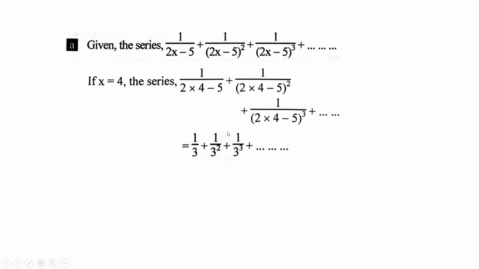And after calculating this term, we get the terms will be 1 by 3 plus 1 by 3 square plus 1 by 3 cube plus and so on. Therefore, common ratio equal to any term; we take the second term divided by the previous term, that is second term divided by first term, and after calculation we get 1 by 3. So our common ratio is 1 by 3, and it is our required answer.